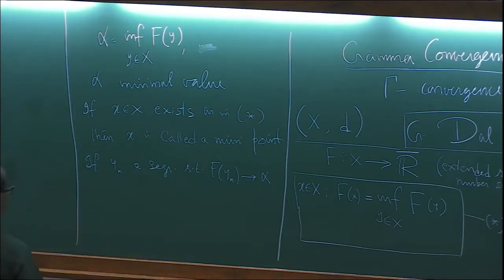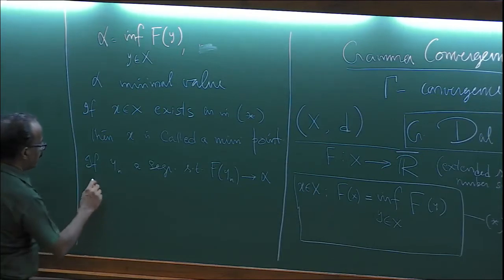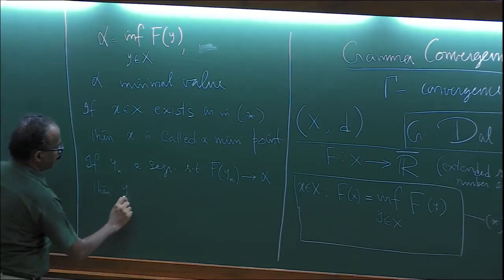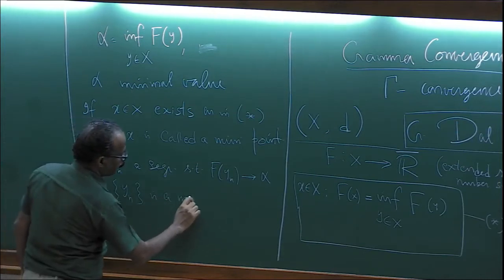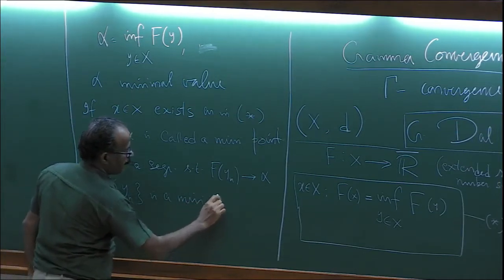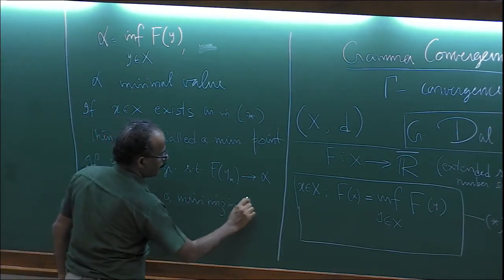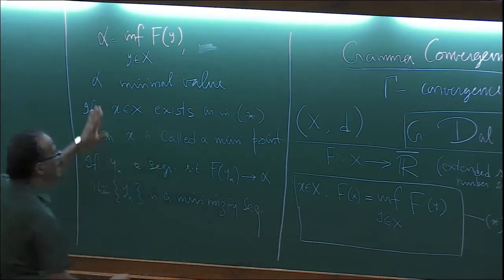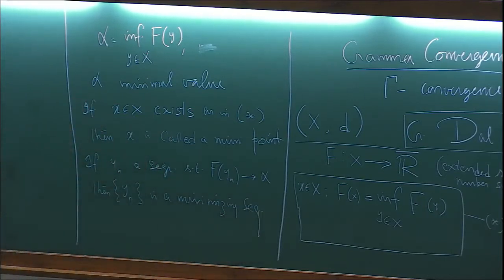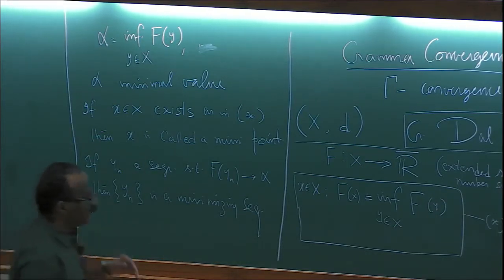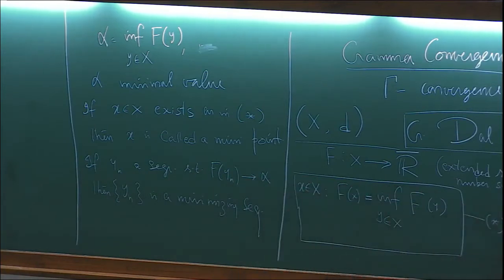And such a sequence, yn, is called a minimizing sequence. So that's three terminologies you first have to understand: the minimum point, minimum value, and the minimizing sequence.